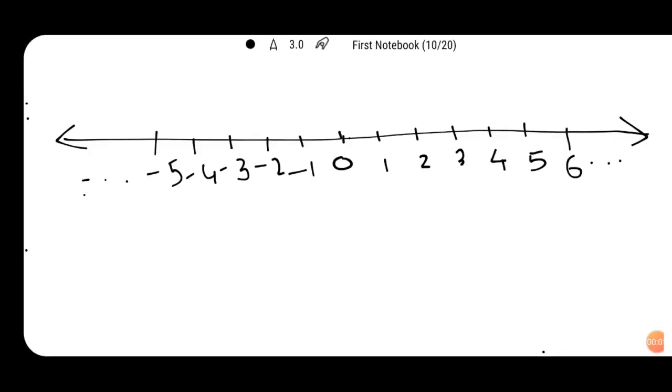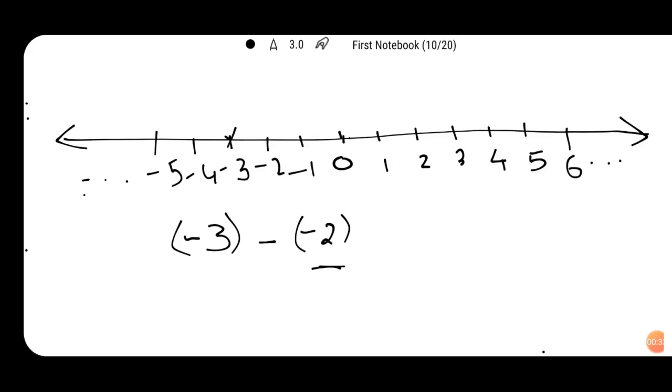Now let's see the next example. That is, both numbers are negative. Negative 3 minus negative 2. Here both the numbers are negative. So anyway, we will start from negative 3. How many jumps do we want to do in this case? It is again 2 jumps. Now the thing is, towards left or towards right?